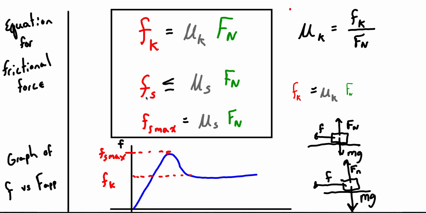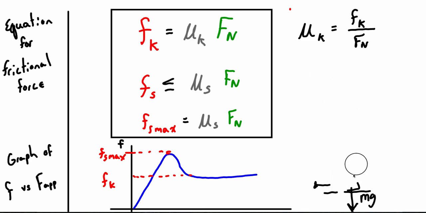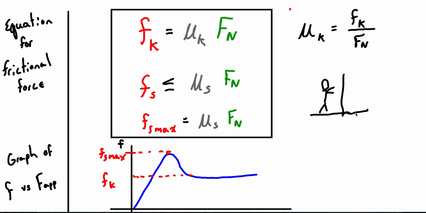Alright, now there's a little bit of explaining that we have to do for this one. This says that the static frictional force is less than or equal to the coefficient of static friction times the normal force. If you think about that, let's do an example where you have a man or a woman pushing on a refrigerator.